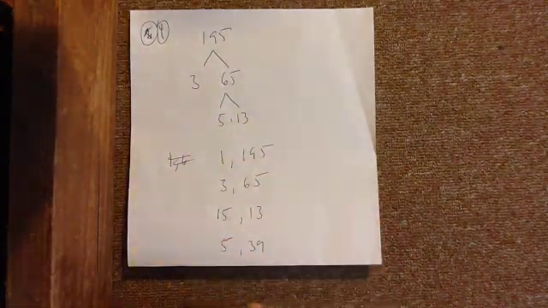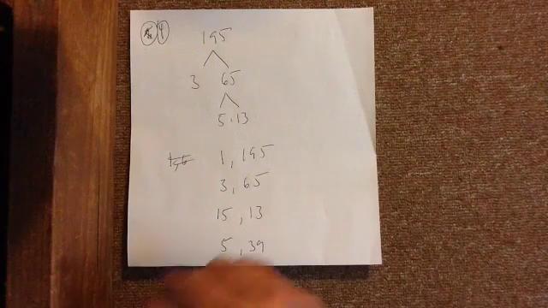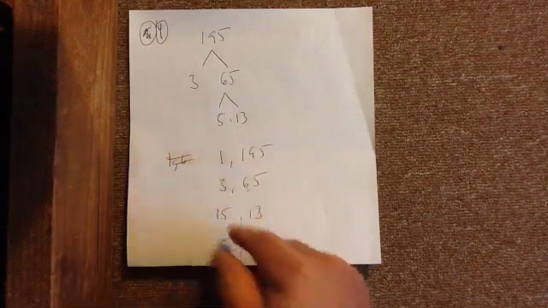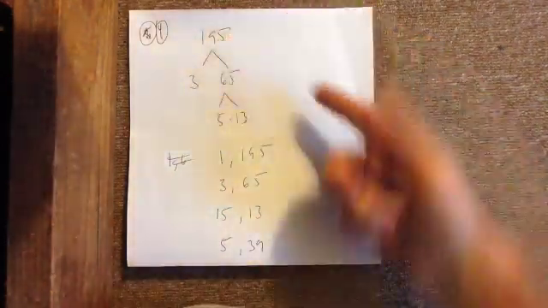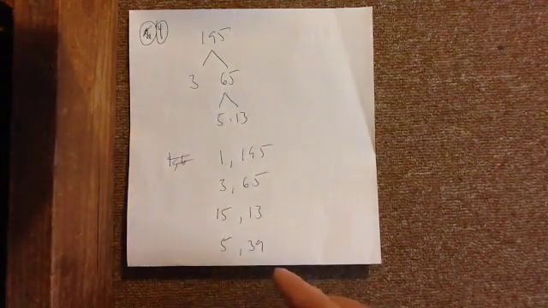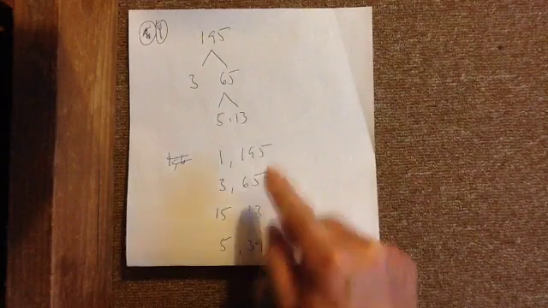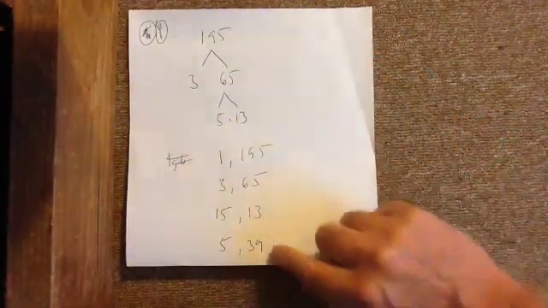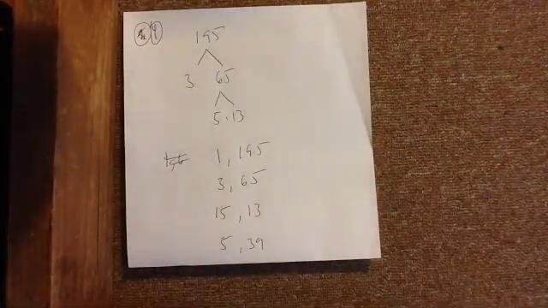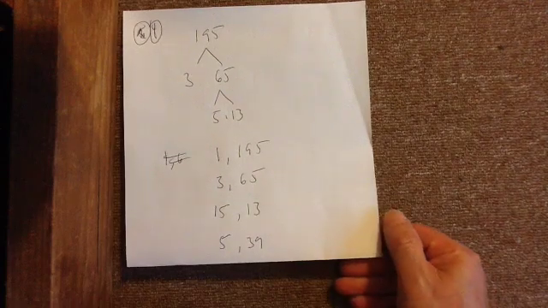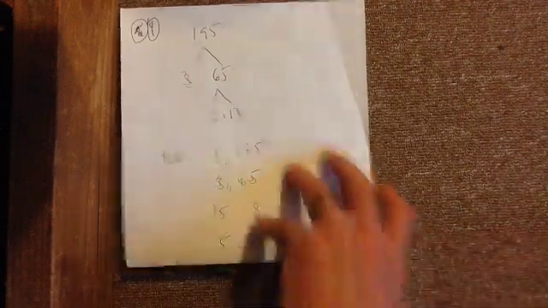So what are the possible combinations of numbers I could multiply to get 195? Well, I could do 1 times 195. I could do 3 times 65. I could do 15 times 13. I could do 5 times 39, and that's all the possible factors for 195.